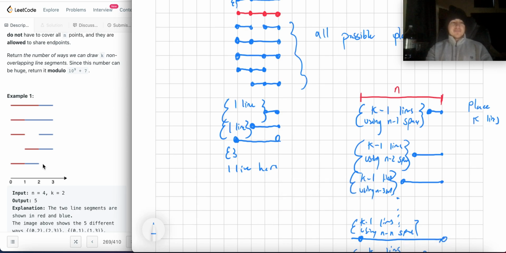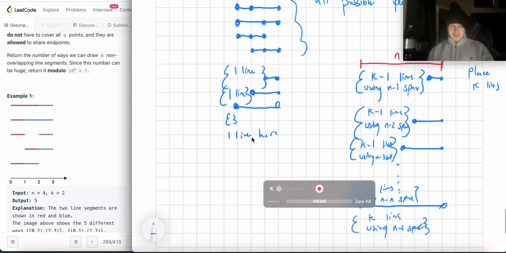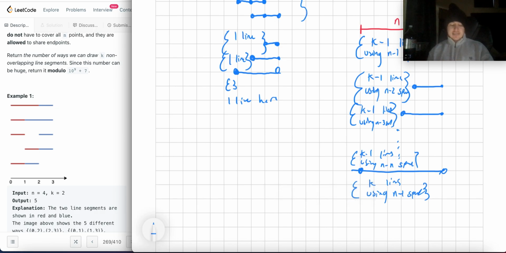Or I can decide to skip this space and not use it at all and distribute my k lines with n minus 1 space, right? Because here n equals 4, so I'm distributing all my 2 lines in n equals 4, but I can decide I won't use this space. So how many ways can I distribute k equals 2 lines in n minus 1 space? Hopefully that makes sense. So that's the idea here.